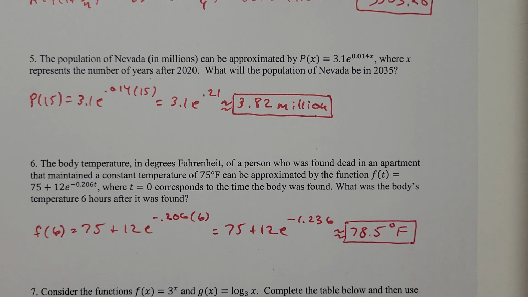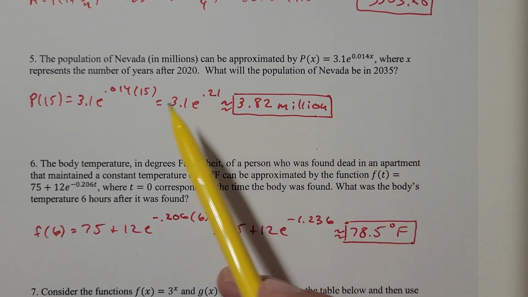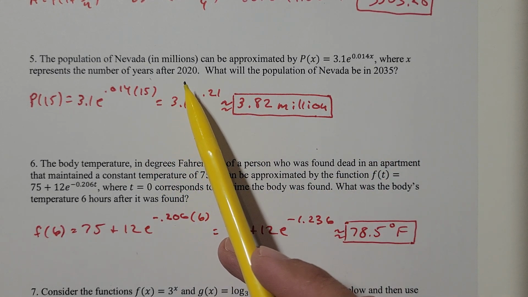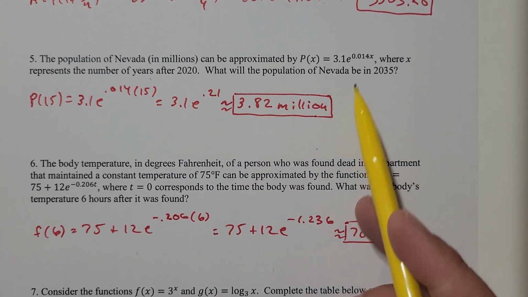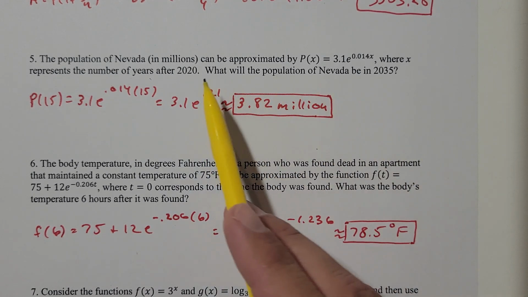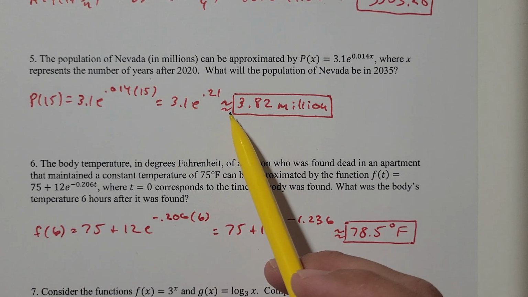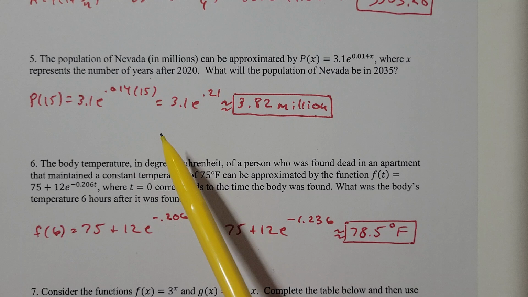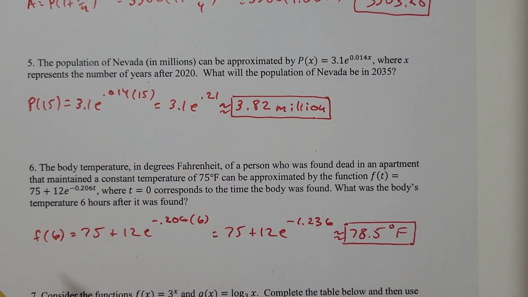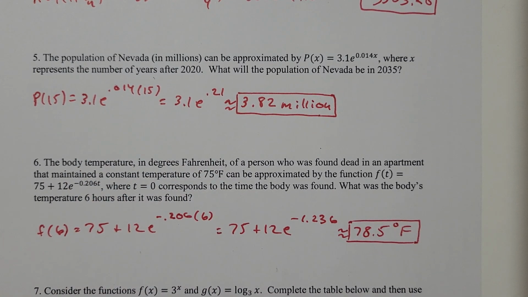So x is the number of years after 2020. If I want to know the population of this state in 2035, it would have been 15 years after 2020. So all I'm going to do here is plug in 15 and then simplify this. So let's go ahead and do that.